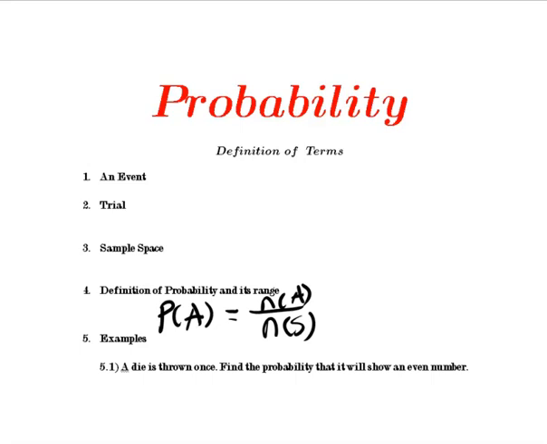And when calculating probabilities, there is a range. Probability of any event lies between 0 and 1, or 0% to 100%. So you can't calculate probability and say, no, my probability is 2, my probability is 1.5.